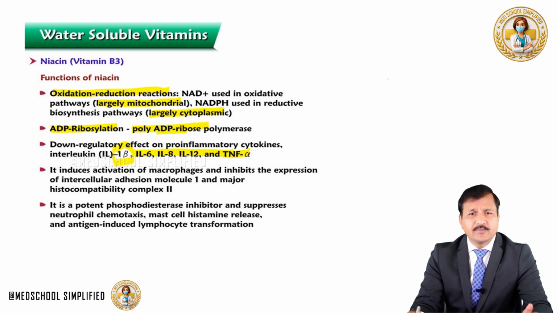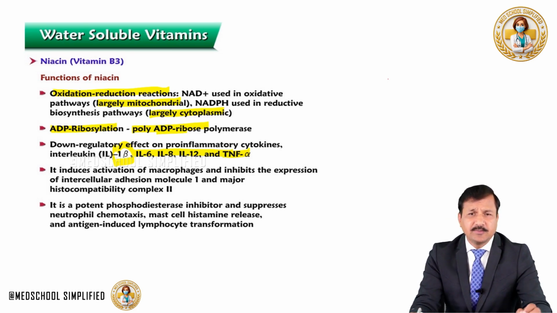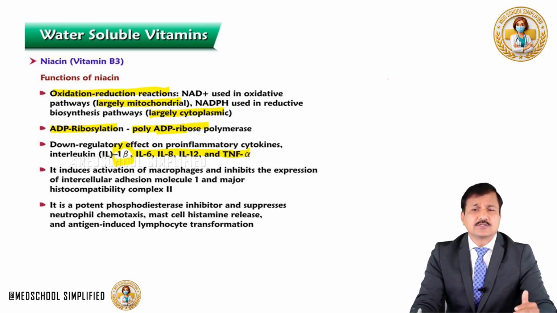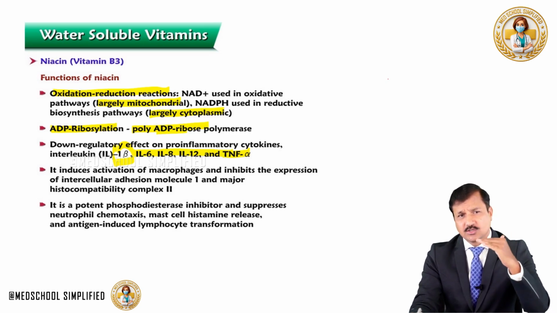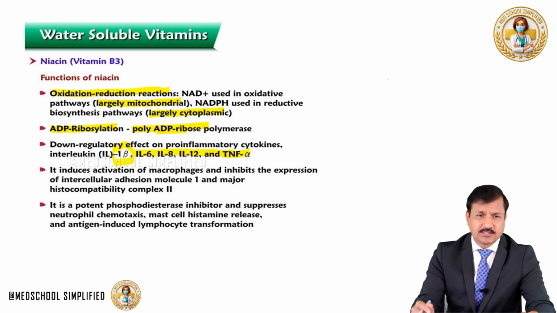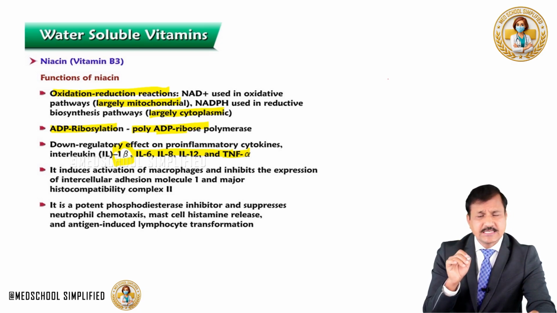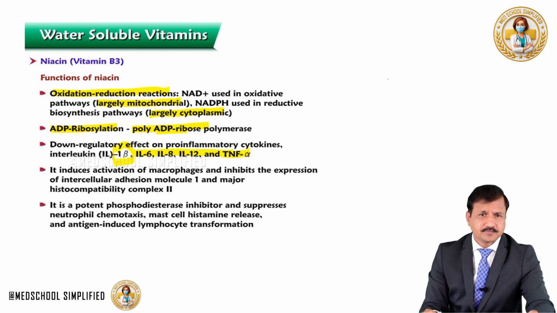All these are pro-inflammatory cytokines, and having sufficient nicotinamide, that is vitamin B3, helps in down regulating these molecules and thereby decreases inflammation. Make sure you remember this: interleukin 1b, interleukin 6, interleukin 8, interleukin 12 and tumor necrosis factor alpha.